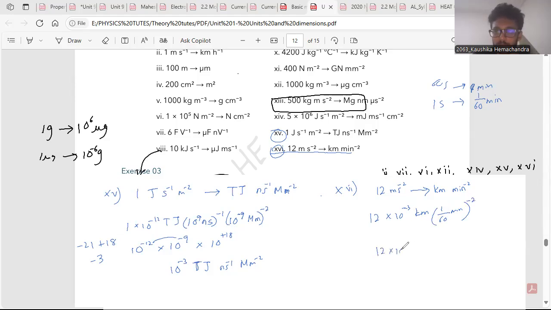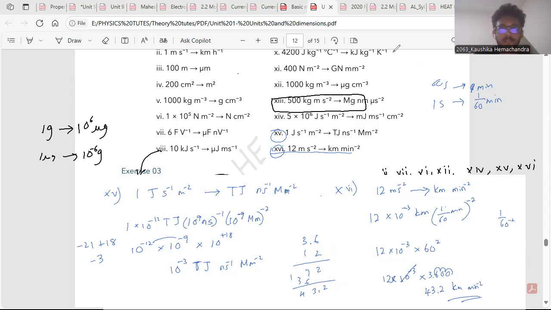So 12 into 10 to the power minus 3 into 1 over 60 to the power minus 2, then take it up, it becomes 60 to the power 2, which is 60 into 60, that's 3600. 12 into 10 to the power minus 3 into 3600, this can get cut and becomes 3.6. 3.6 into 12 is 43.2 kilometers per square minute.